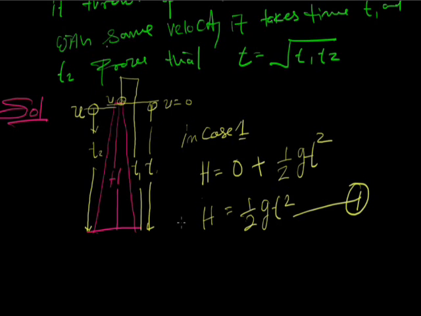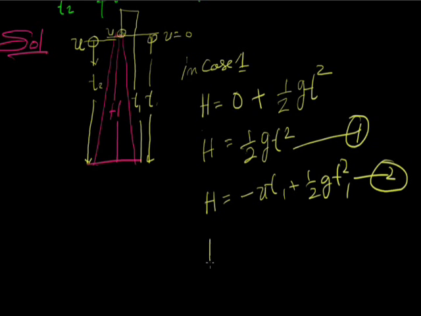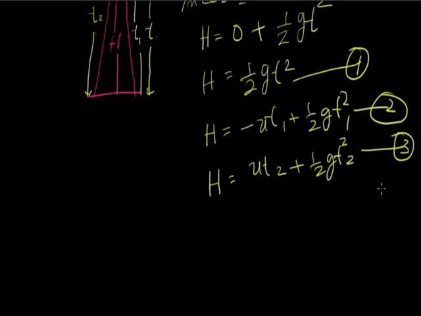In the second case, the body is thrown upward. If we take the vector formation, the displacement is minus h equal to minus u t1 plus half g t1 square, and third, h is equal to u t2 plus half g t2 square because the body is thrown downward.